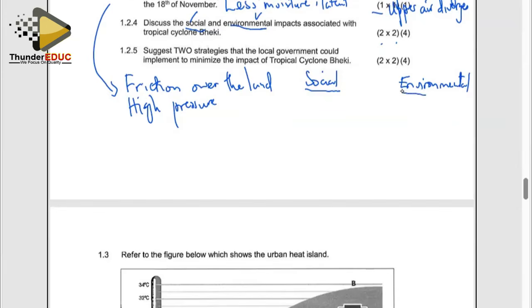And environmental, we are looking at the surroundings. How are they going to be affected? So social, you look at things like the coming of tropical cyclone is going to cause floods. And how are those floods going to affect people? The floods are going to cause problems like waterborne diseases for the people.